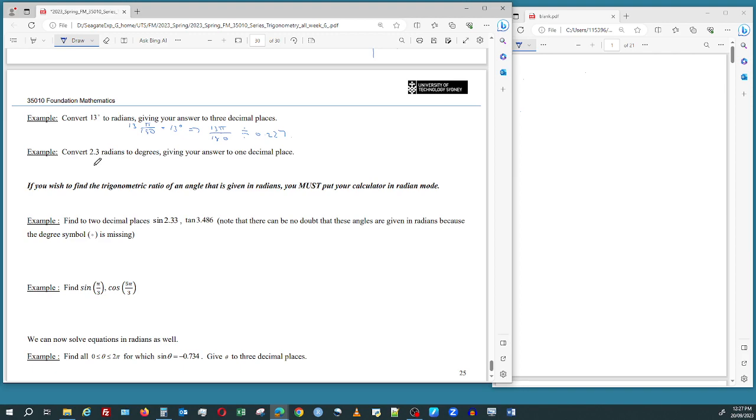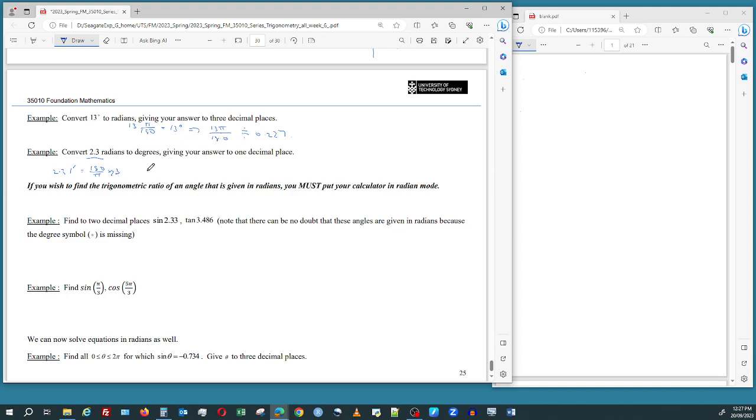2.3 radians to degrees, so this time we have 180 over pi is equal to 1 radian. So we're going to multiply by 2.3 both sides.